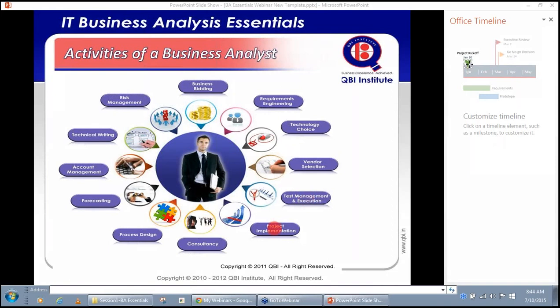Project implementation is installation of software and making it fit for use. So if there is a small project, or a small software, implementation can happen in an hour.